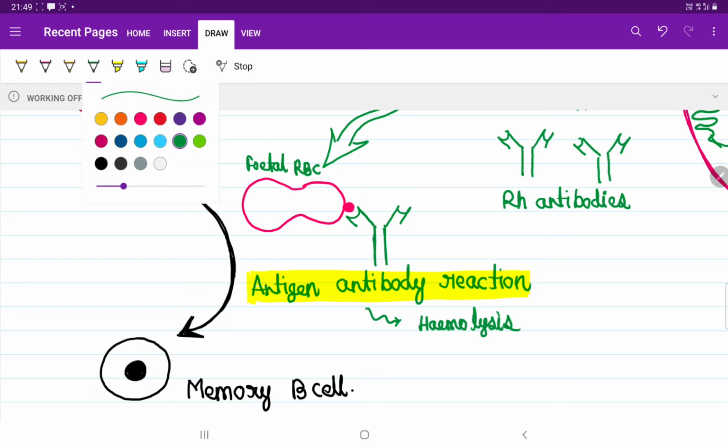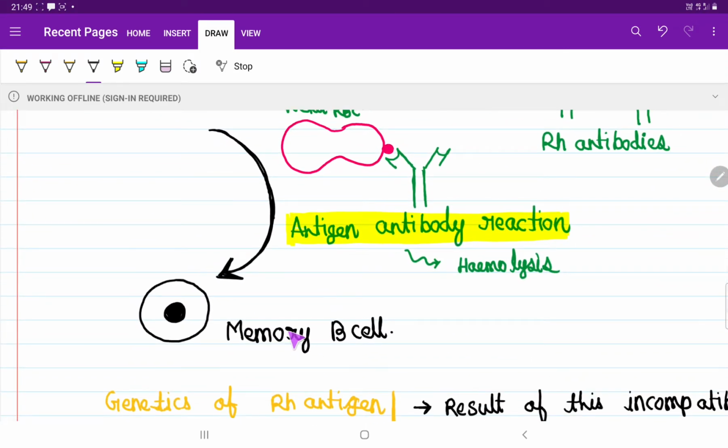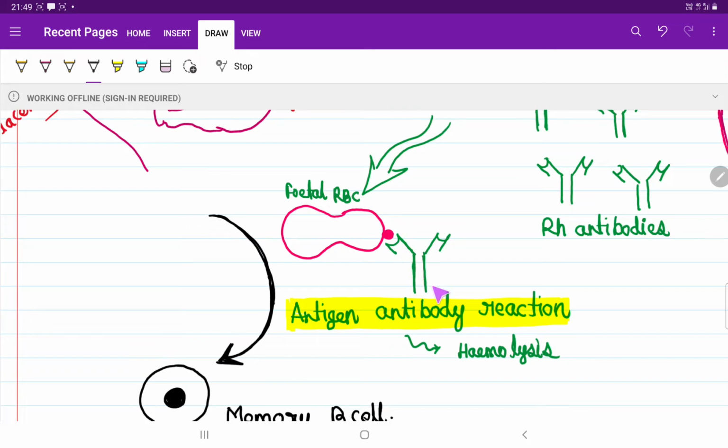But the issue is created when the body reads this antigen antibody reaction, the encounter of the antibody with the RH antigen, and forms a memory cell, one memory B cell. This memory B cell will remain in the circulation of the mother, and will always remember the encounter of RH antibody with RH antigen.